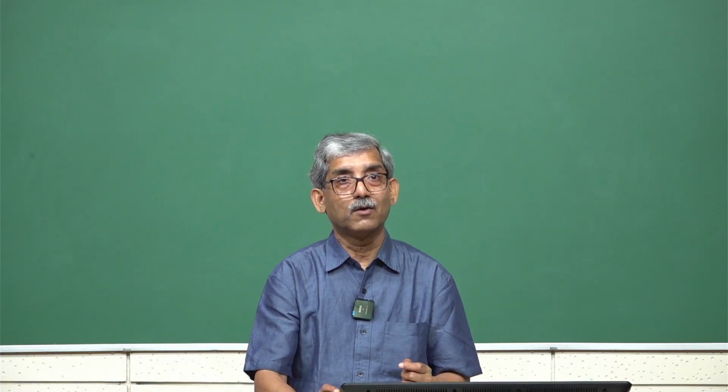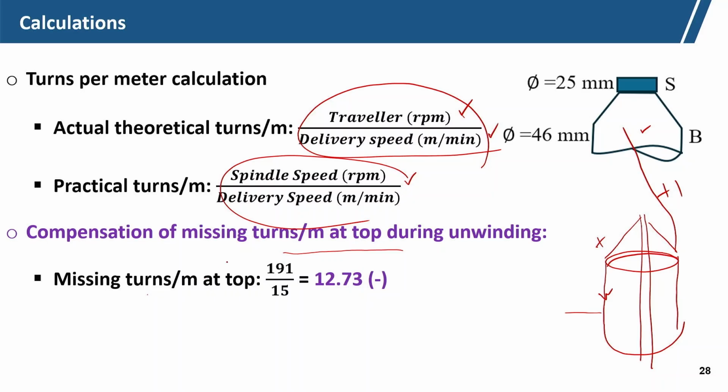So, that is the compensation. Now, the missing turn at top is 191 and the speed was 15, so the total turns per meter missing with reference to the spindle is 12.73 turns per meter. Now, during unwinding, the twist is added. Per meter, how much twist is added?